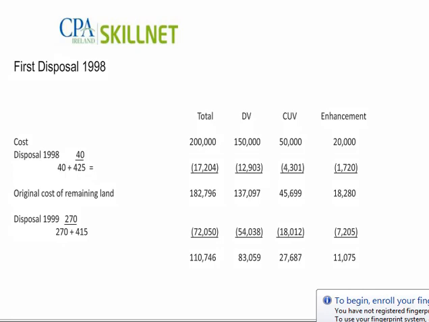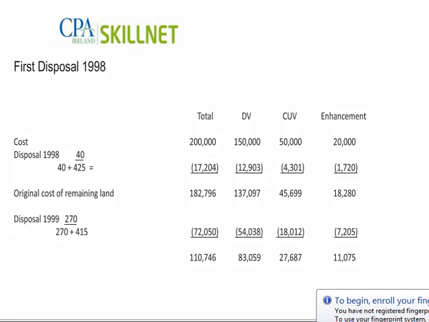The first disposal that took place, bear in mind, it cost 200,000. That was the value when he inherited it, the deemed cost. Development value was 150,000. Current use value, that's the agricultural value of the land, was 50,000, and enhancement was 20,000. Now, he sold the land in 1998, and he got 40,000 for it.